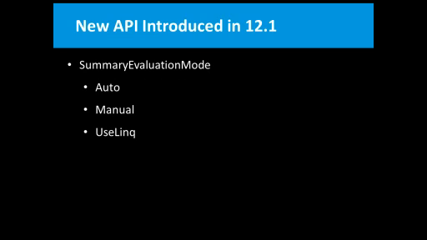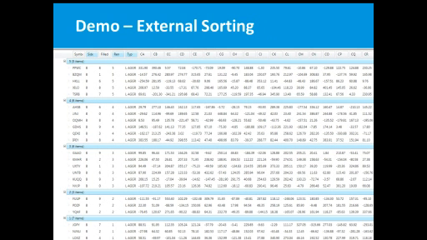We also have a modified way of computing summaries. You can have them computed on the UI thread, which is the default, or you can compute them manually. Let's say you have them pre-computed from somewhere, or these are delegated to a separate system, or you can use Link, which of course makes use of parallel processing.